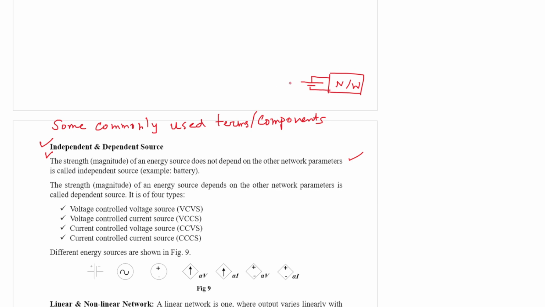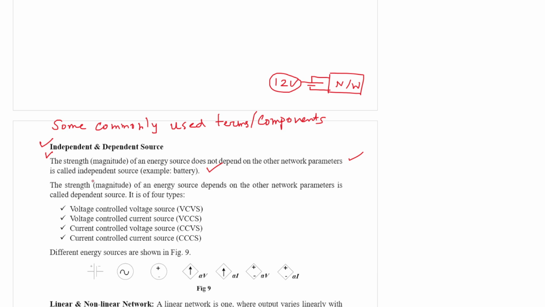Let us say you have connected a 12-volt battery. Now this 12-volt will not change under any condition of this network. So irrespective of any condition of this network, this voltage remains as it is. So it is called an independent source.